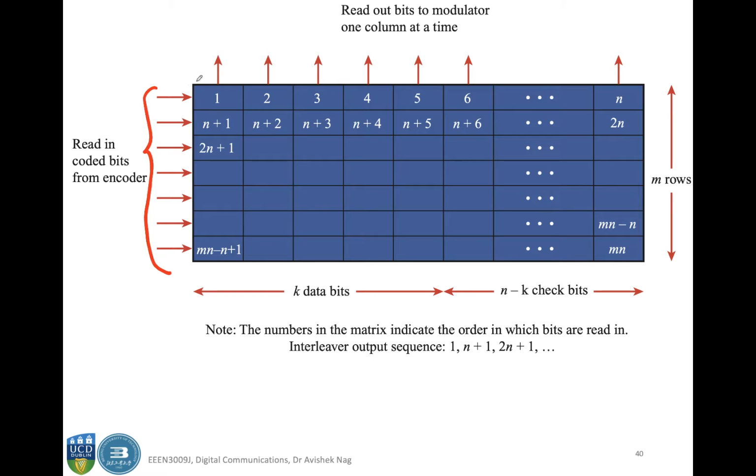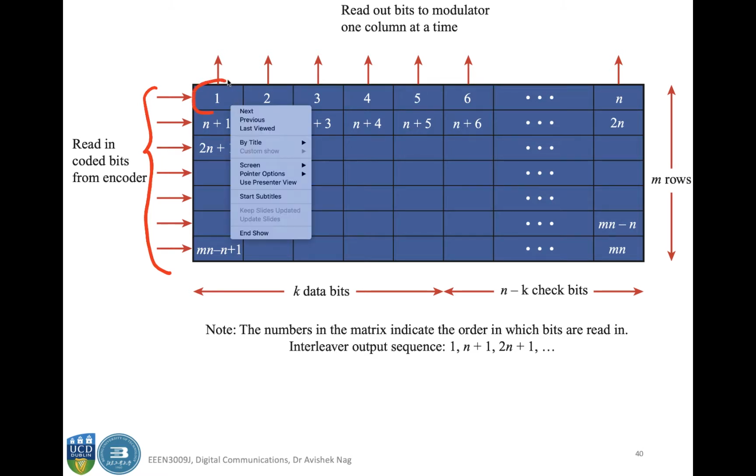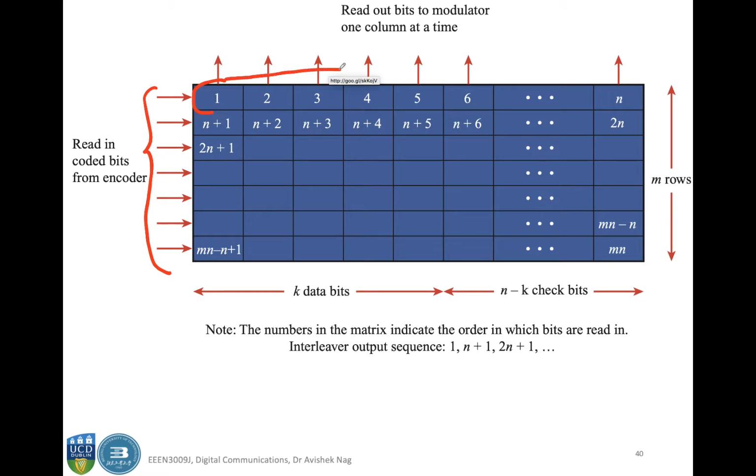These are basically your n bits of the entire frame, where you have k bits of data and n minus k check bits, and then you have multiple blocks. This is the first block, this is the second block, and so on.